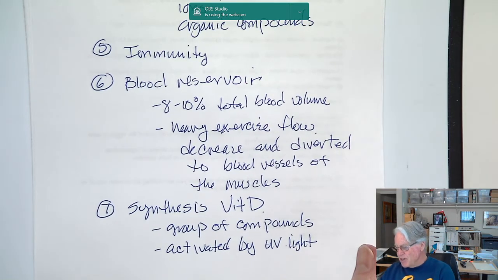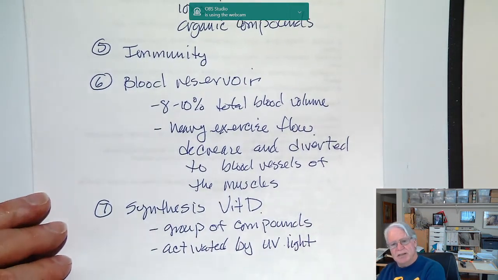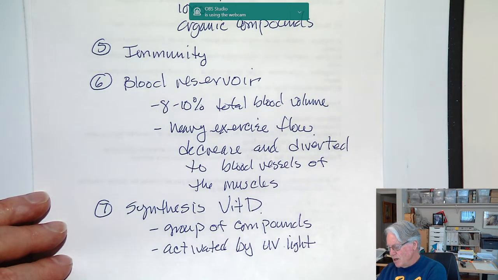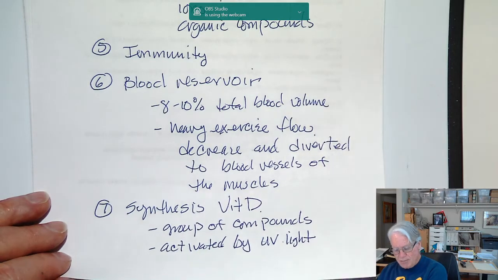So it's very complicated, and there's lots of research around that, and your textbook addresses that a little bit too if you want to read more about that. So that's the synthesis of vitamin D.